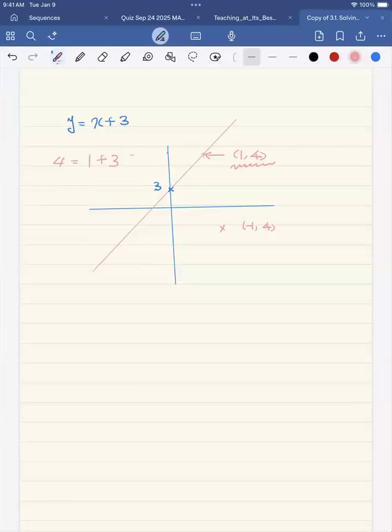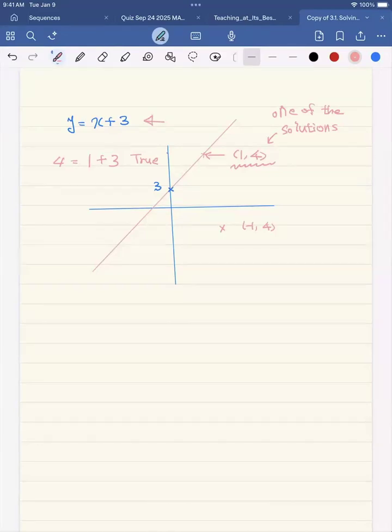So this is a true statement. That means this is one of the solutions for this linear equation.